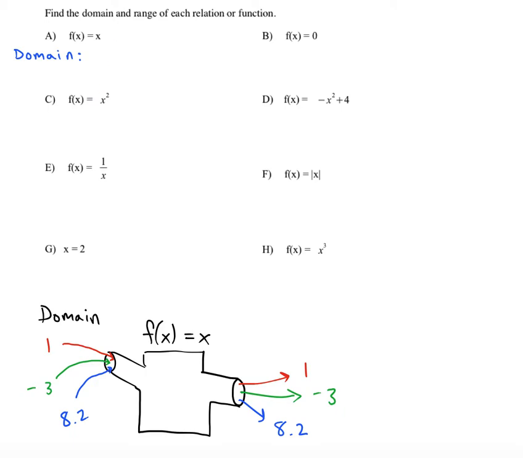We can say it a number of ways. One way is simply all real numbers or all reals. We can also use the symbol for the real numbers, big R.